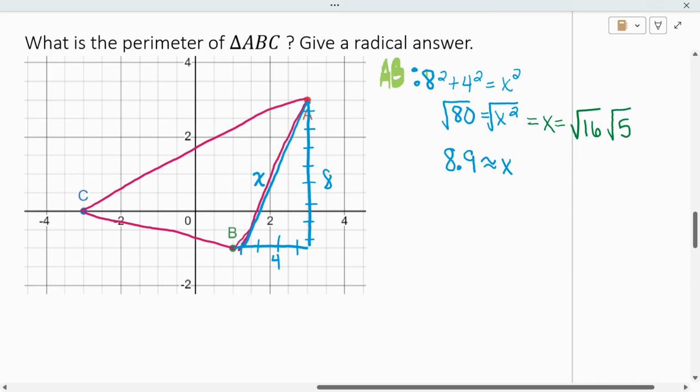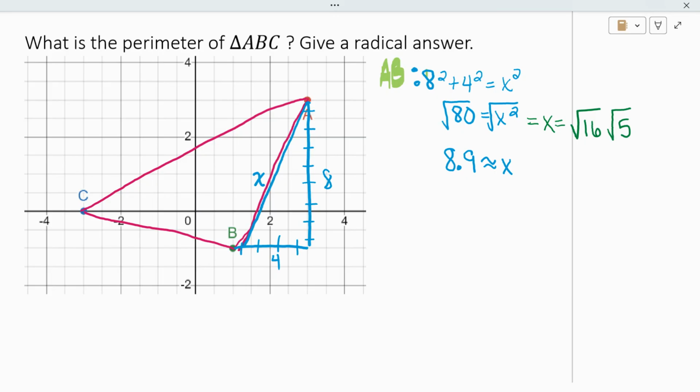Why can I do that? What is 16 times 5? Because 16 times 5 is still 80. What is the square root of 16? 4.